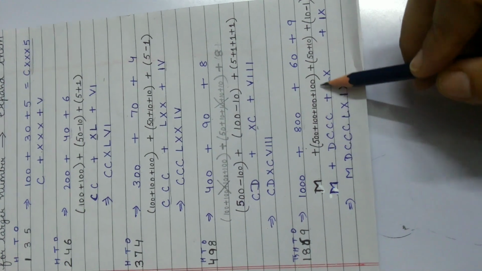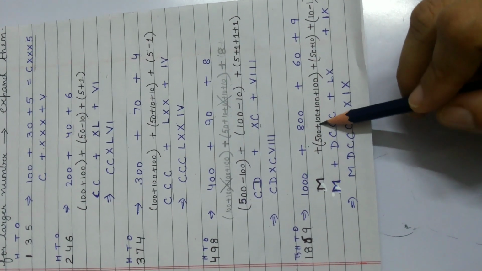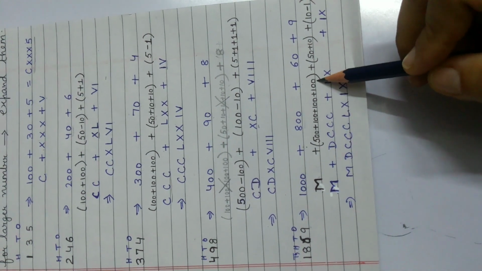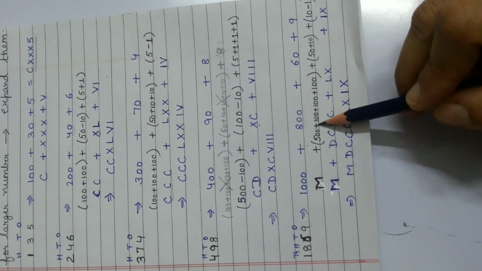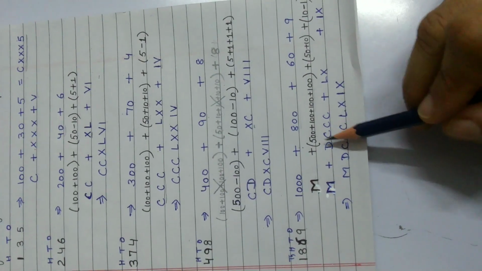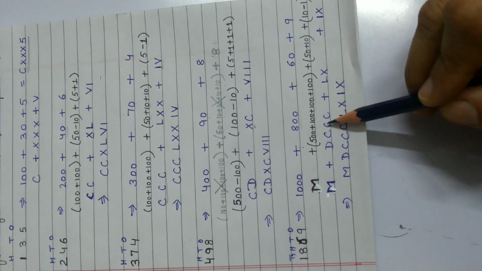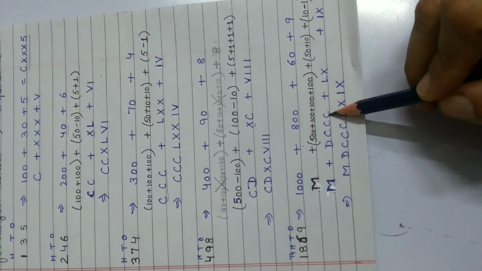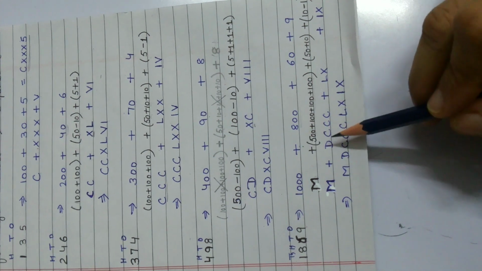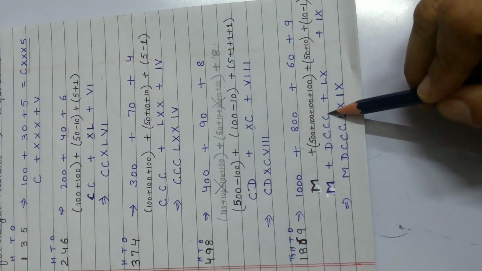So let's put a combination and make 800. 500 plus, if I do 3 times 100, 500 plus 300 will become 800. So 500 is D, 100 is C, this 100 is C, and this 100 is C. So 800 becomes D, C, C, C.